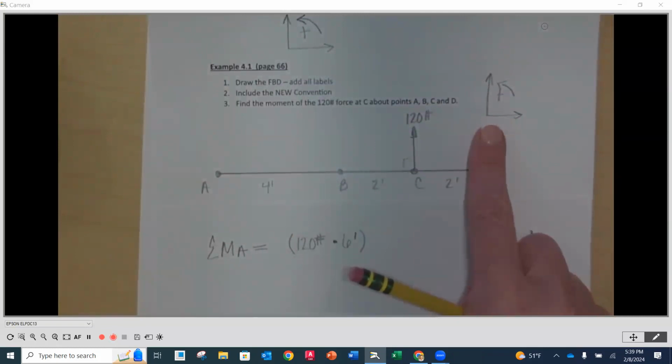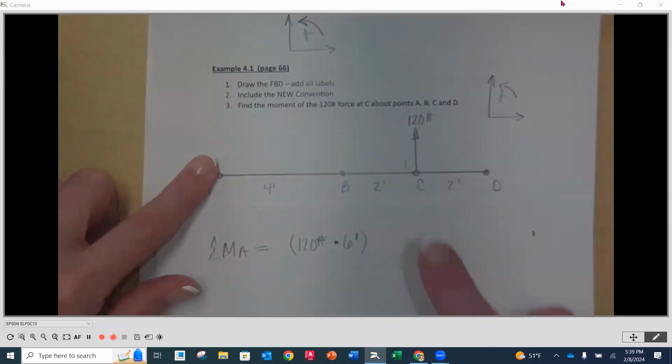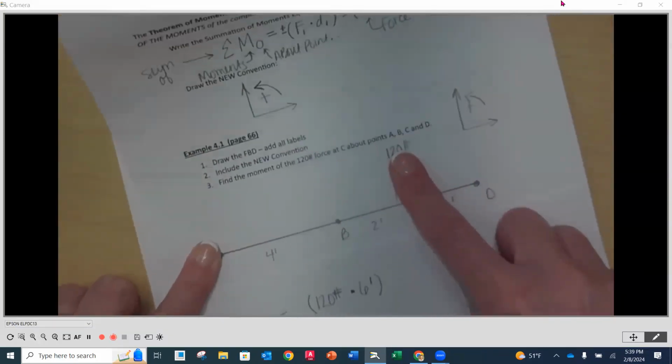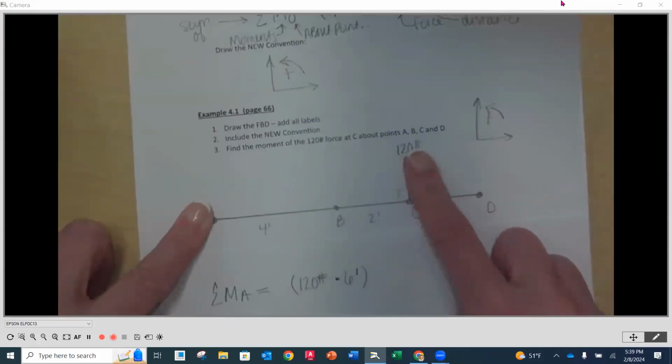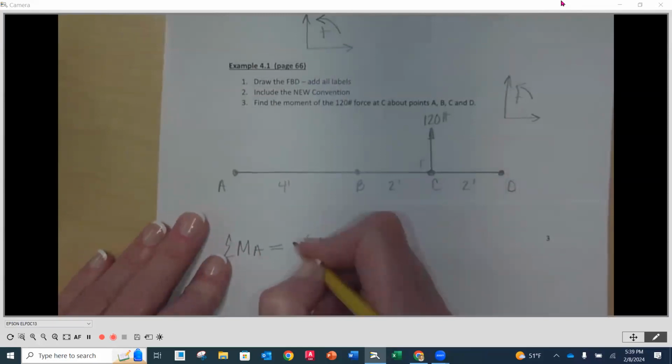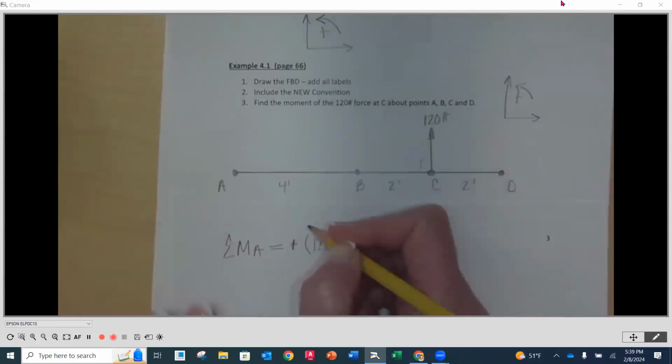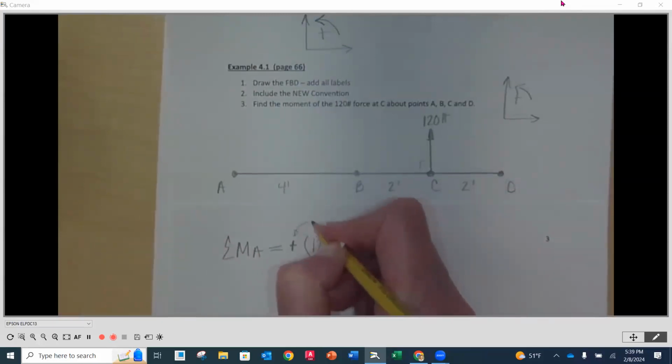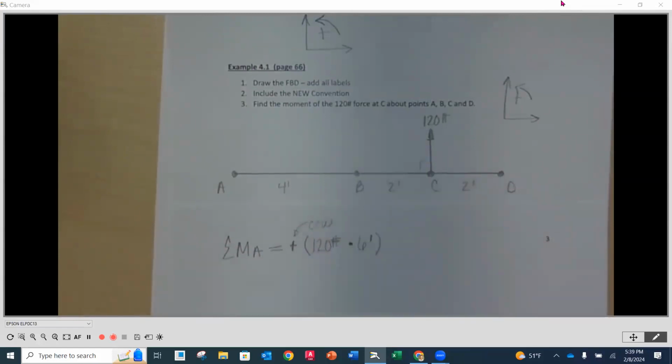If it's rotating in a clockwise direction, I'm going to put negative out front. So I'm going to put my finger on A again and rotate. Which way is it rotating? Counterclockwise. So that means out front, I'm going to put a positive. This is a counterclockwise direction of the moment.